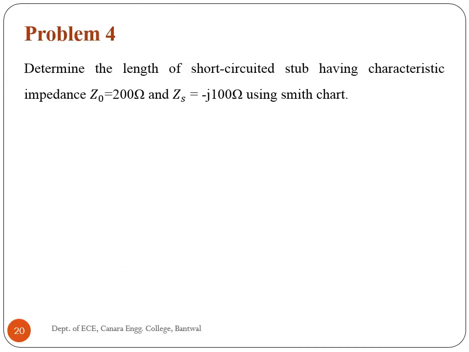Fourth problem. Determine the length of a short-circuited stub having characteristic impedance 200 ohm and source impedance minus j100 ohm using the Smith chart. Given a transmission line connected to the generator and connected to the load.